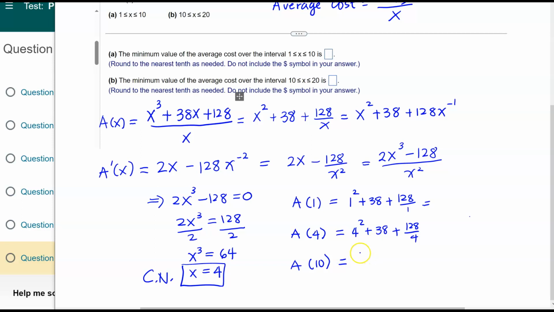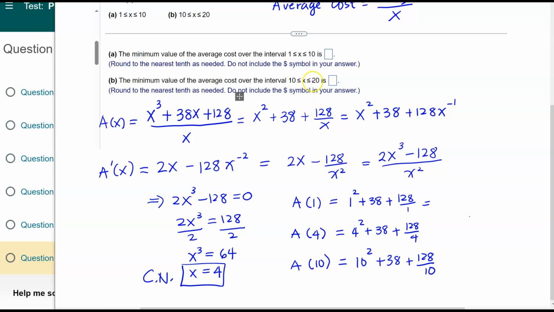And then a at this endpoint here, 10, which is equal to 10 squared plus 38 plus 128 over 10. And then for this last interval here, that critical number is actually for both because we have the same function. So in this case, for letter B, we just need to evaluate the function at the endpoints of the interval because there's no critical number within this interval.